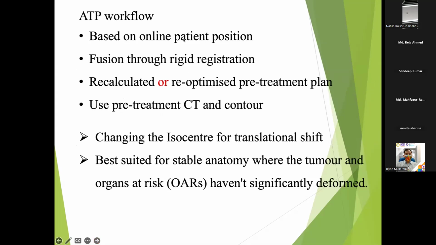The adapt to position workflow basically has online patient position fusion through rigid registration and recalculation or reoptimization of pre-treatment plans. It uses the pre-treatment CT and contours. It only changes the isocenter for translational shift, and it is best suited for stable anatomy where the tumor and organs at risk have not significantly deformed.